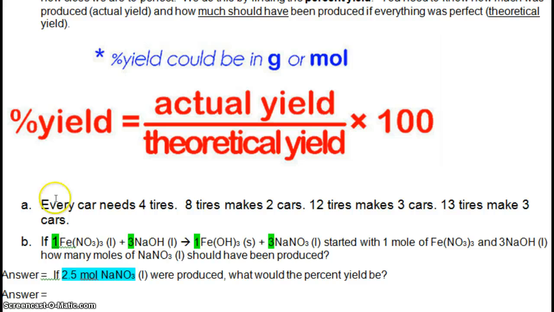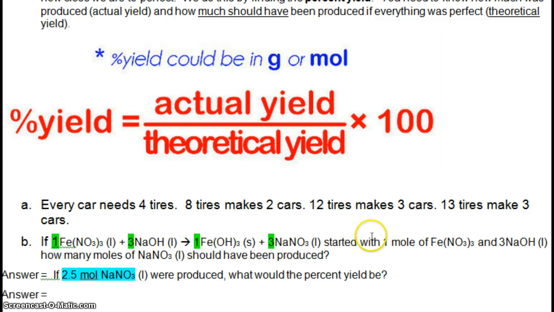You have a leftover tire, but you can only make 3 cars. That's what it is in chemistry. Except instead of tires and cars, we need 1 of these, 3 of those, and that's going to make 1 of this and 3 of that. So that's why we balance chemical equations, to tell us the formula, the ratio, the recipe.